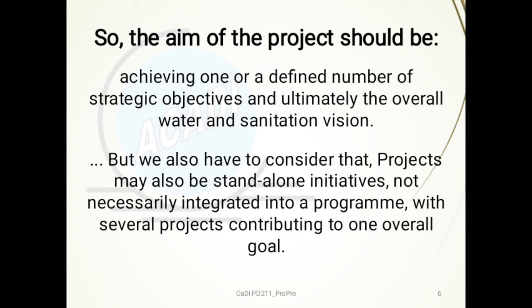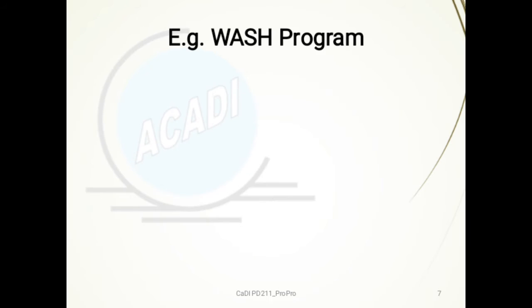So the aim of the project should be achieving one or a defined number of strategic objectives and ultimately the overall water and sanitation vision. But we also have to consider that projects may also be stand-alone initiatives, not necessarily integrated into a program with several projects contributing to one overall goal.